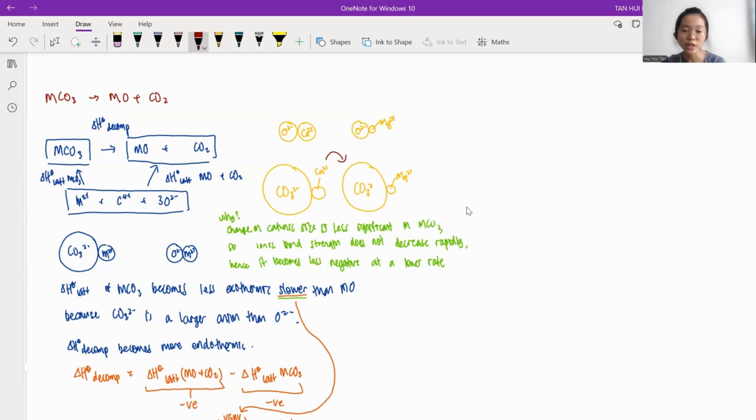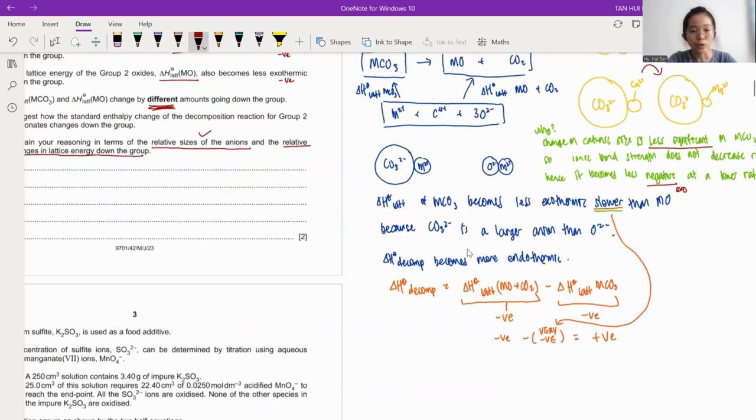That's why the change in cationic size is less significant in MCO3. So the ionic bond strength does not decrease rapidly, and your ionic bond strength doesn't change much when going down the group. Your lattice energy will become less negative or less exothermic at a lower rate. It will become less exothermic slower, meaning to say.